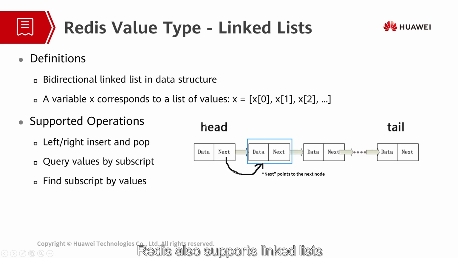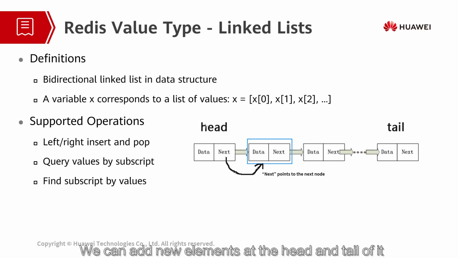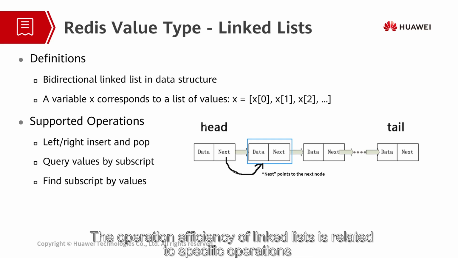Redis also supports linked lists. A linked list consists of a series of elements that are sorted in the order in which they are inserted. We can add new elements at the head and tail of it. The operation efficiency of linked lists is related to specific operations.